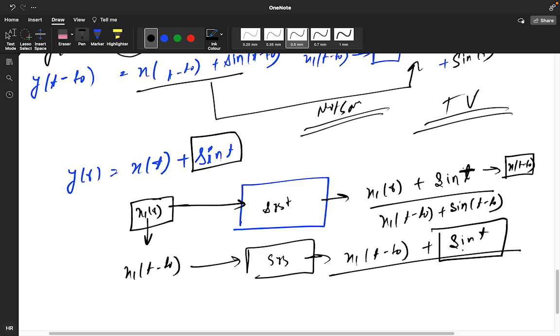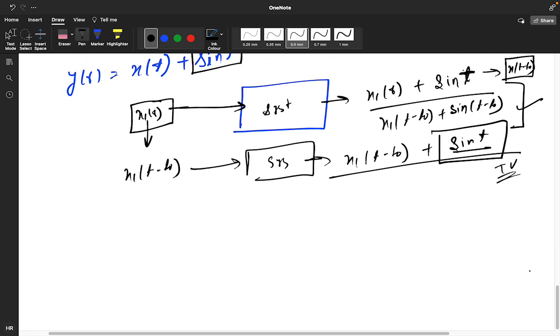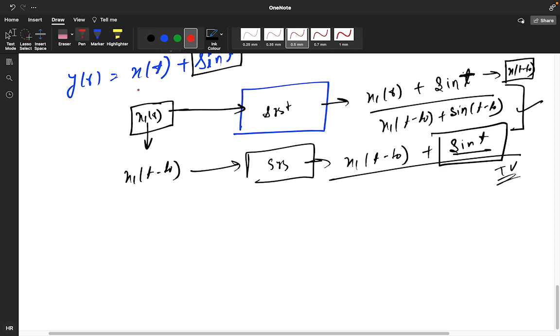It will add only sine t, not sine of t minus t naught. So these two are not the same. Here we are getting x1 of t minus t naught plus sine of t minus t naught, and here I am getting x1 of t minus t naught plus sine t only. If these two are not the same, then a time variant system will come. So write the note point.